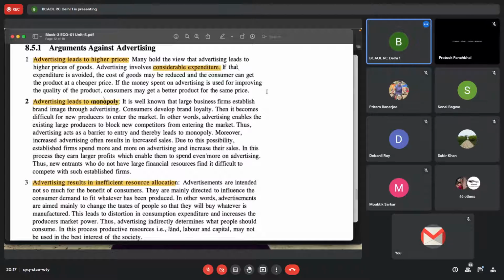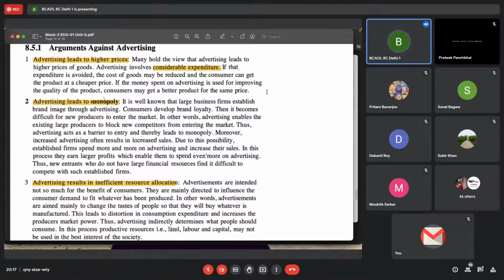The first point says that it leads to higher prices. How? Because the expenditure on advertising is humongous. If I talk about a movie, the budget of the movie might be 5 crores, and advertising would be double that, 10-15 crores, because you need to let people know. Stars go from one city to another, hold press conferences, visit this and that, just to let people know the movie is coming.